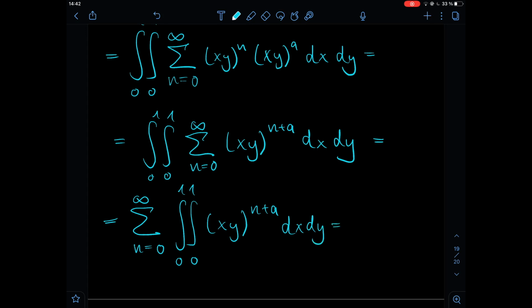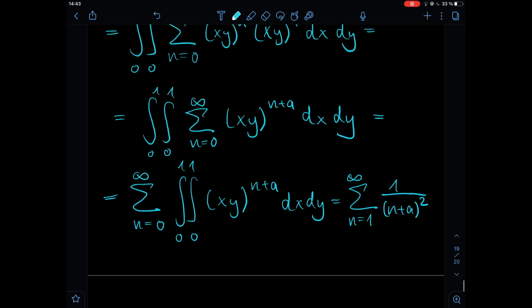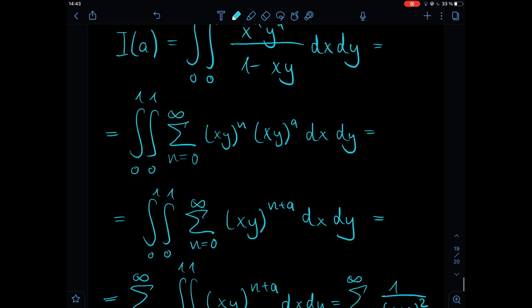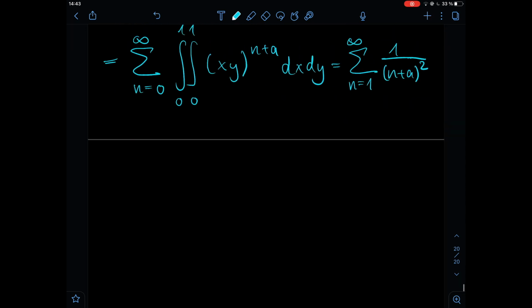So what we would get here is the sum from n equals 1. So let's just do the index shift already, because here we would get a plus 1 with the integration, but we just omit that plus 1 by doing the index shift just now, and what we will get now is 1 divided by (n+a) squared. So what we now know is, let's just rewrite it.